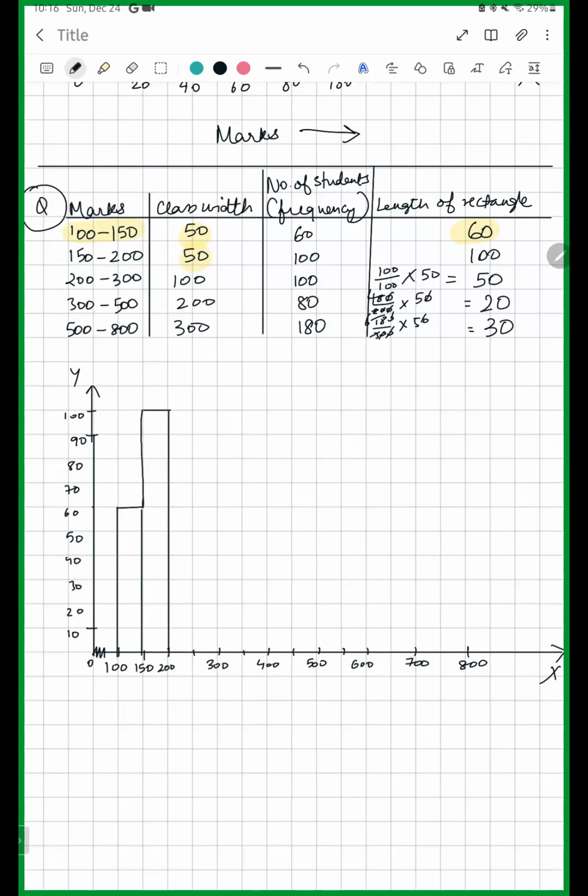This entire portion is 50. Then 300 to 500 means all the way till here. Then 500 to 800, all the way till here, it is 30.